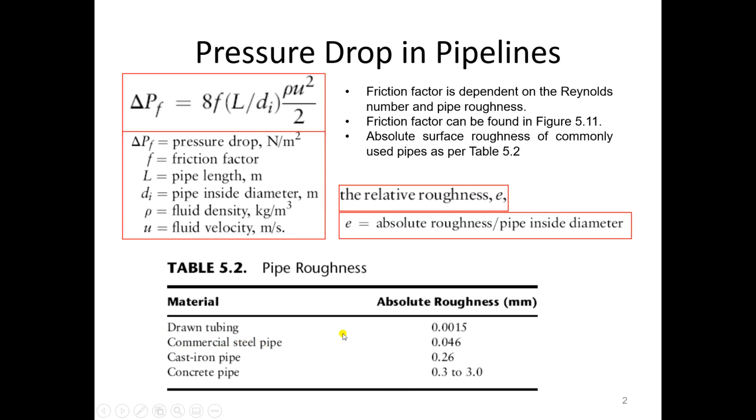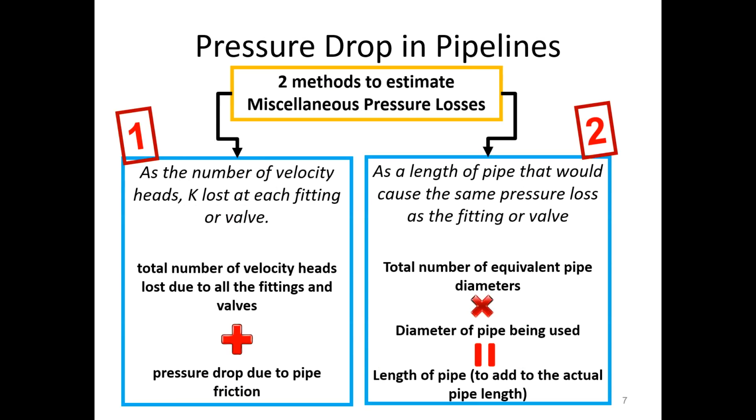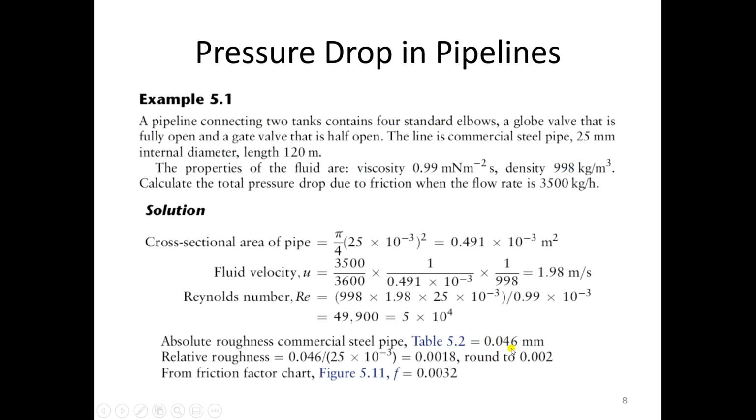For commercial steel pipe, the absolute roughness is 0.046 millimeter, so we just write here 0.046 millimeter. The relative roughness is the absolute roughness divided by the inside diameter of the pipe. So we get 0.0018, which we can round to 0.002.